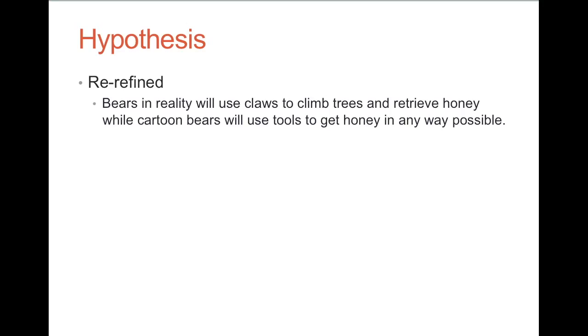Bears in reality will use claws to climb trees and retrieve honey, while cartoon bears will use tools to get honey in any way possible. So it's testable, it's an educated guess, and it also insinuates the relationship between the variables. Now, as I said before with the if-then statements, they're a good basis, and you can kind of build up from it to get to this kind of point.